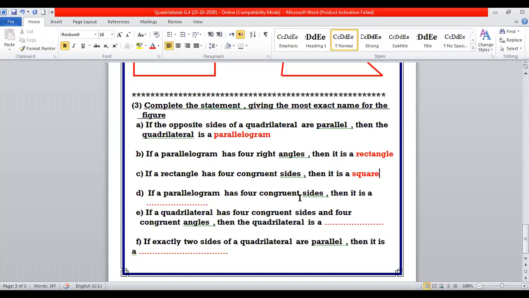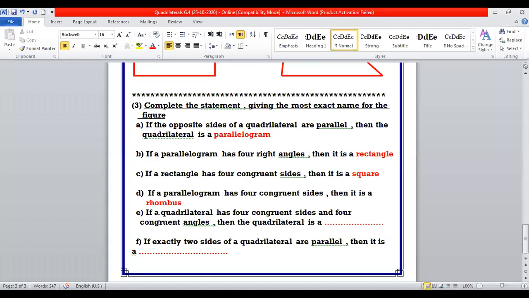There are no right angles in it. What is the figure? Rhombus, very good. In the rhombus we have four equal sides and there are no right angles.